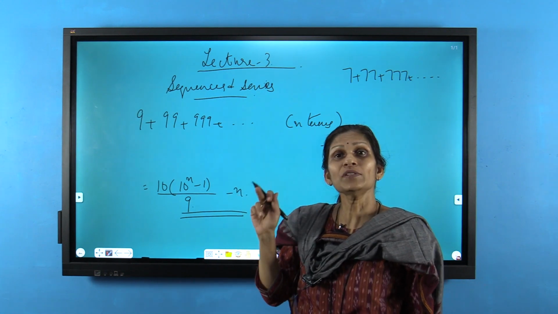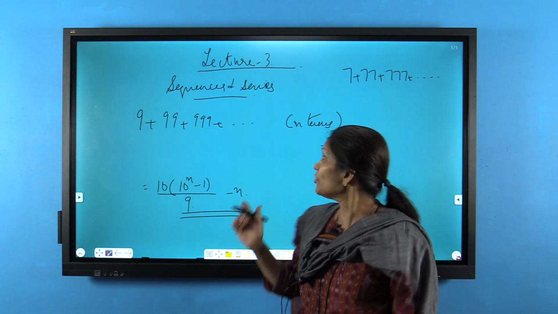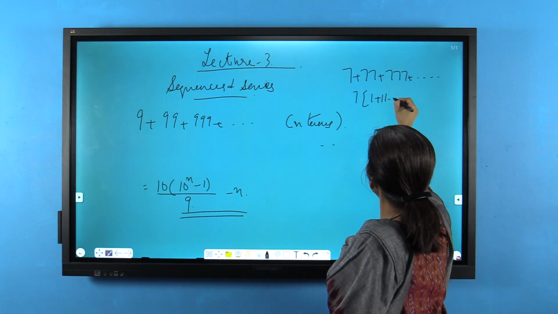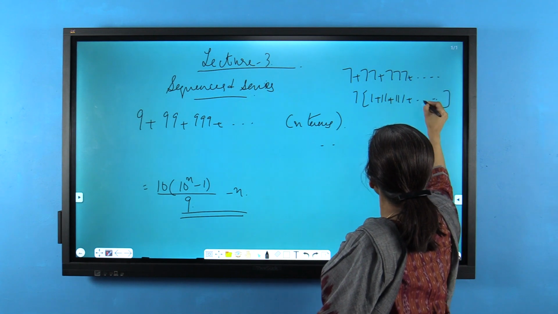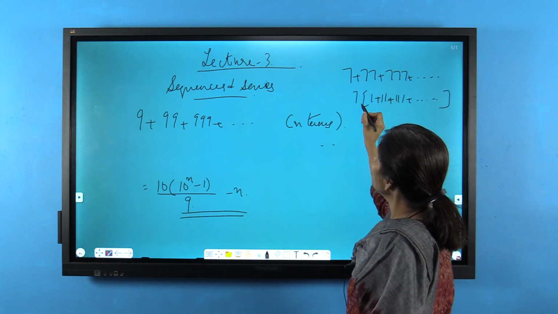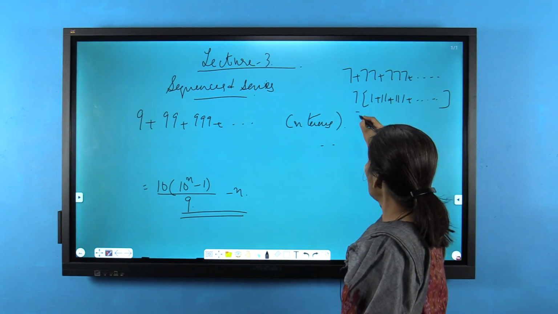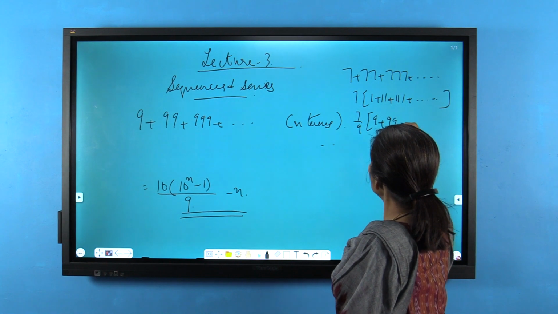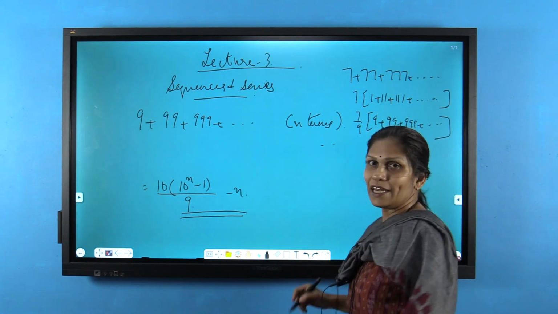So, introduce a 9 by dividing outside by 9. First of all, take a 7 out. So, you will have 1 plus 11 plus 111 plus so on. Okay. Now, with it you divide outside by 9 and multiply inside by 9. You have 7 by 9 into 9 plus 99 plus 999 plus so on up to n terms.